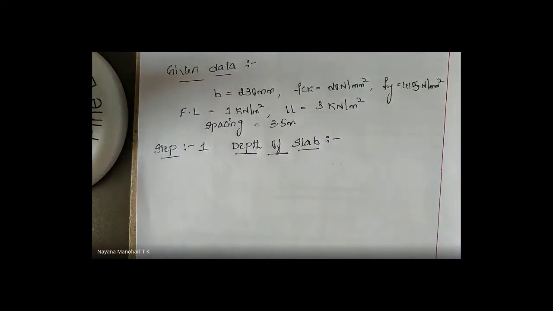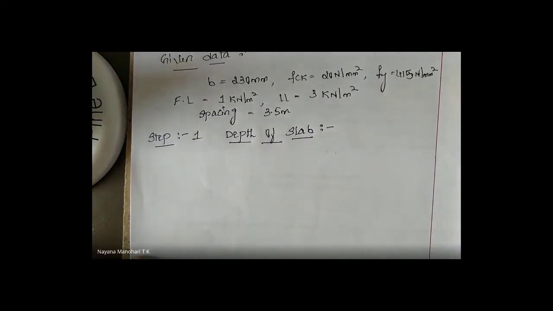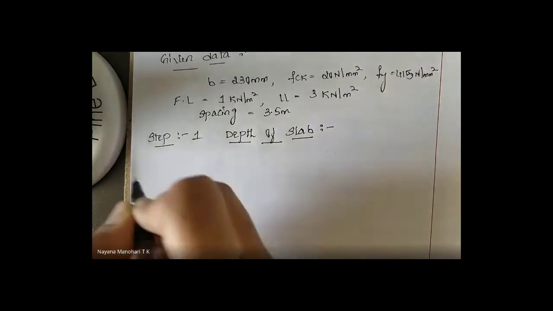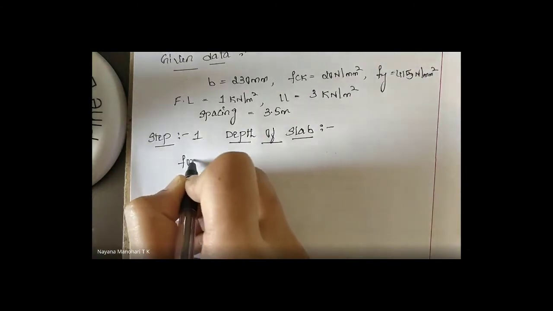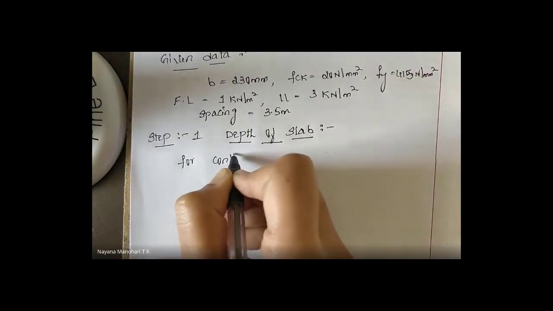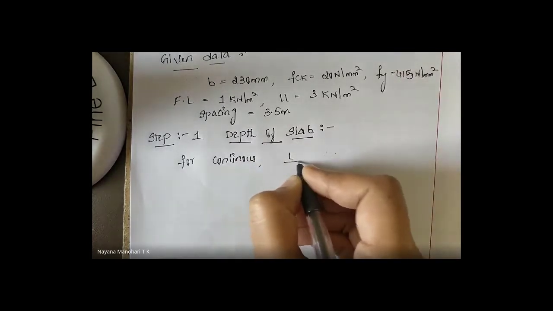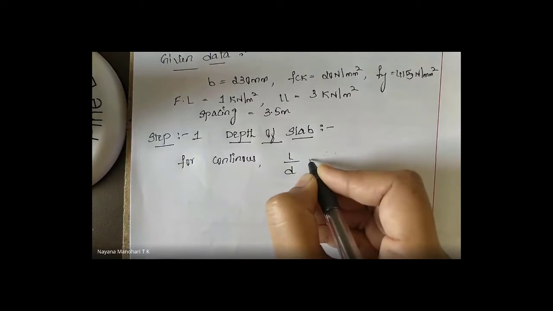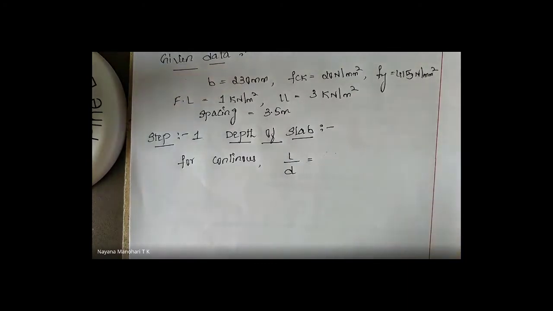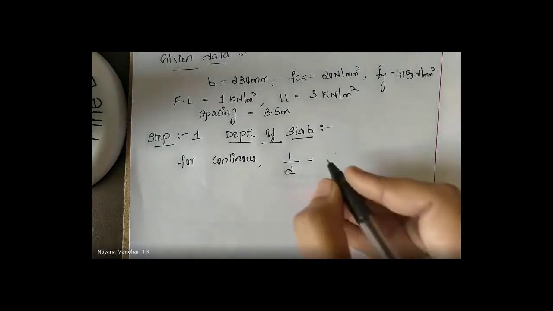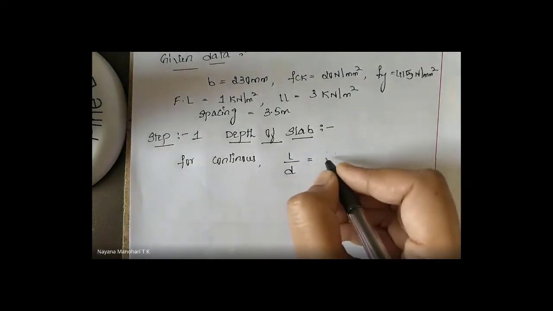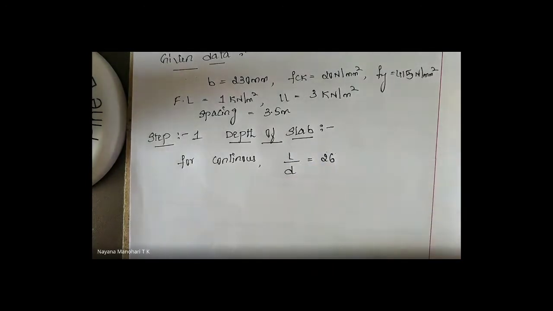Okay, you know that for continuous slab, the span by effective depth ratio as per clause 23.2.1, page number 37, L by D ratio for continuous is 26.